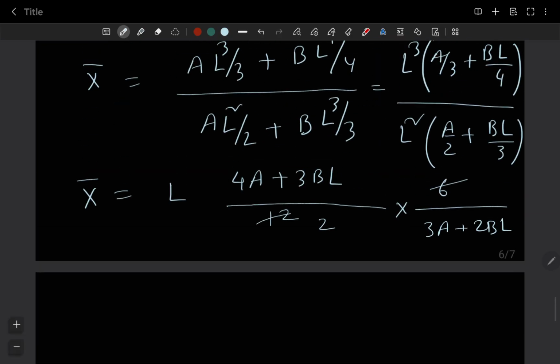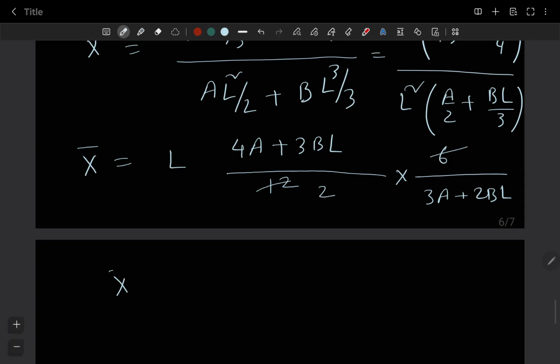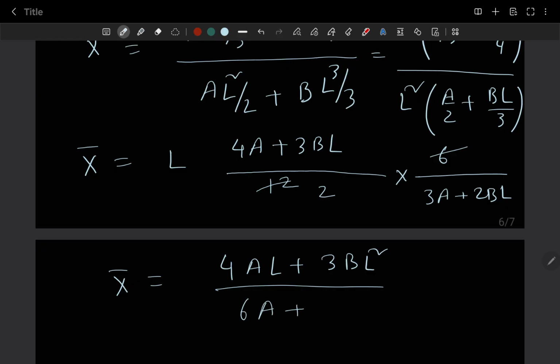So x bar will become (4aL plus 3bL square) divided by (6a plus 4bL). It will be like this.